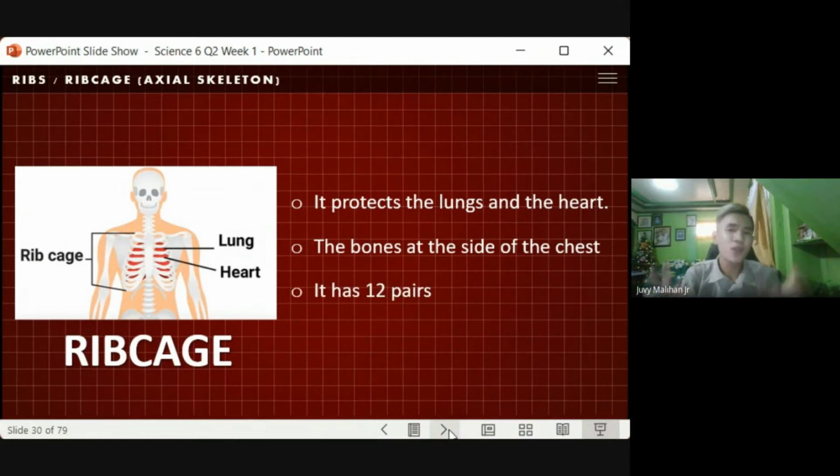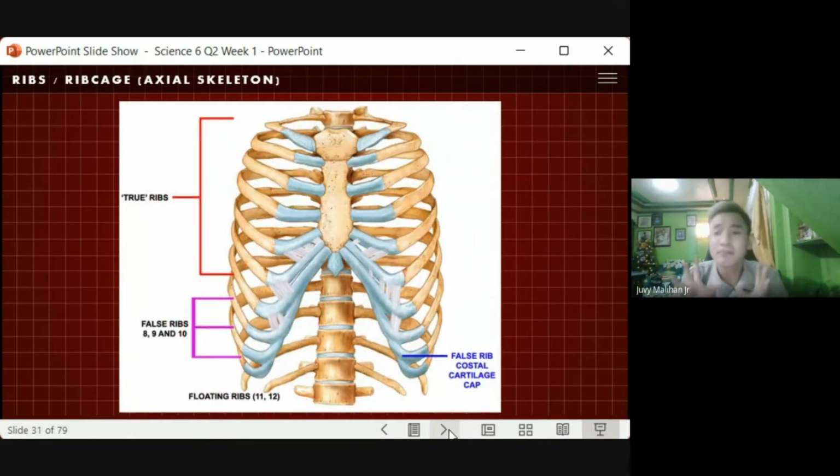Dun sa 12 pairs of ribs natin, class, the upper 7 pairs of ribs, 1, 2, 3, 4, 5, 6, 7, are considered true ribs. Why? Because they are connected to the breastbone. And below that, meron tayong 3 pairs pa rin dito, and we call those false ribs.